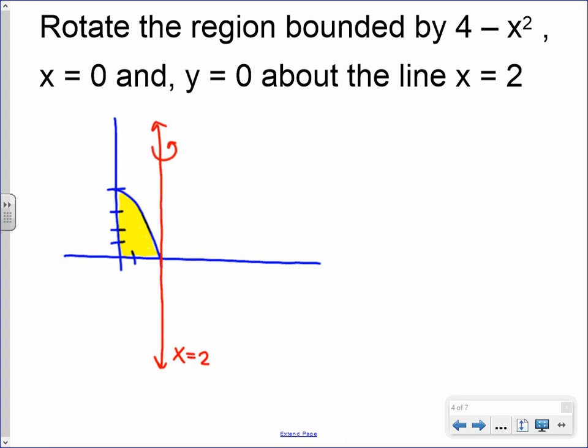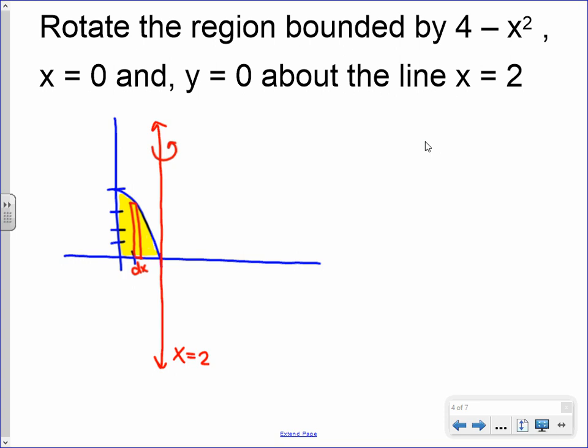Now, in my opinion, I think this is easiest to leave in terms of x. If we wanted to do this problem in terms of x, we would make vertical rectangles with thickness dx.